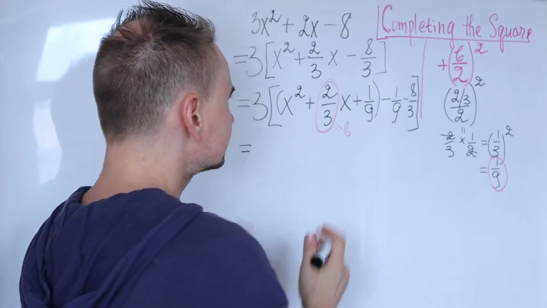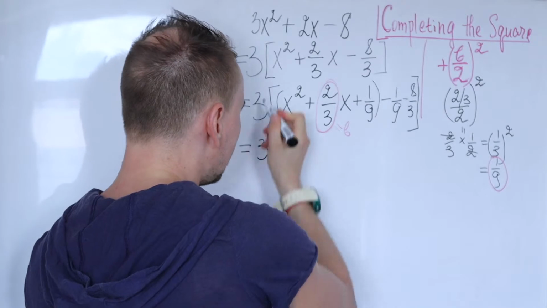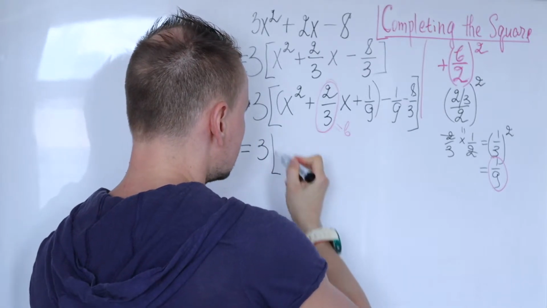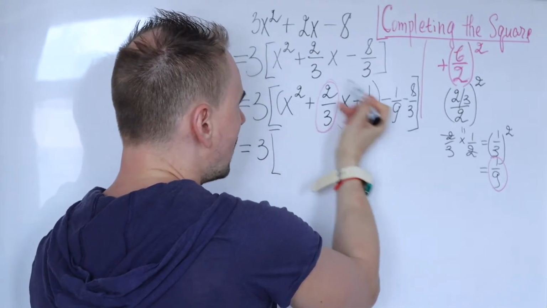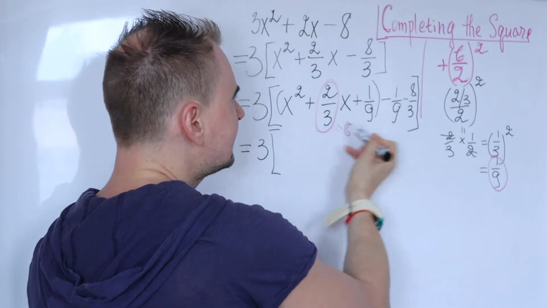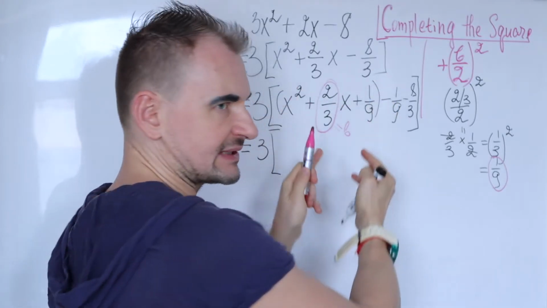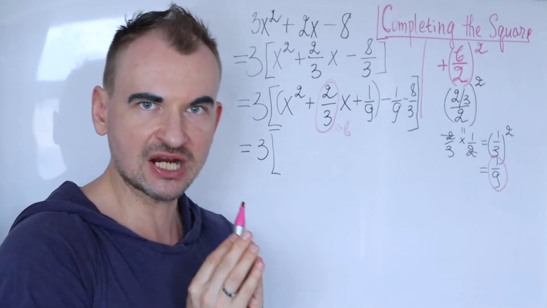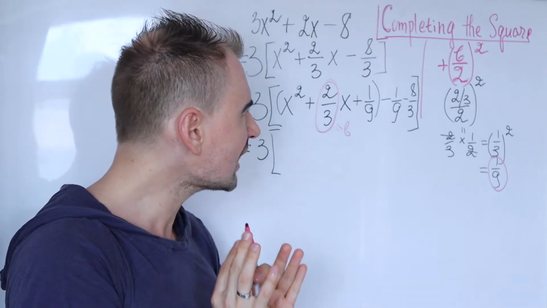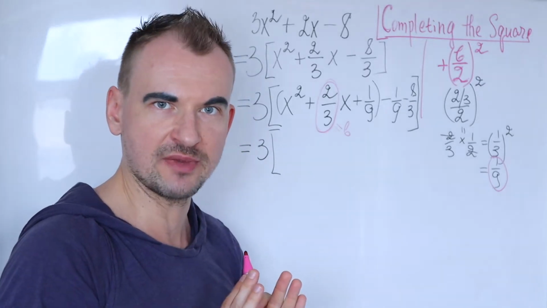So now you carry down this 3, drop it down, and now in these parentheses, basically we have a perfect square trinomial.